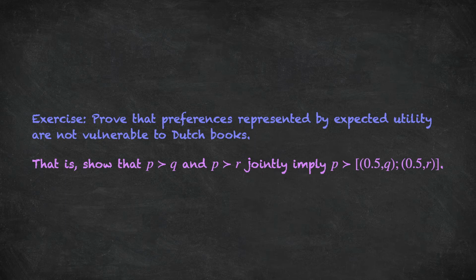That is, show that if the lottery P is strictly preferred to Q and P is strictly preferred to R, then it is impossible for the compound lottery, a 50-50 chance of Q or R, to be preferred to P. P must be preferred to that compound lottery as long as preferences are represented by expected utility. Please discuss the solutions to this on the course Piazza Forum.